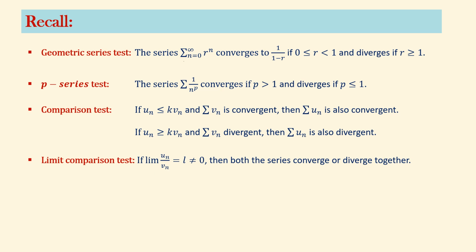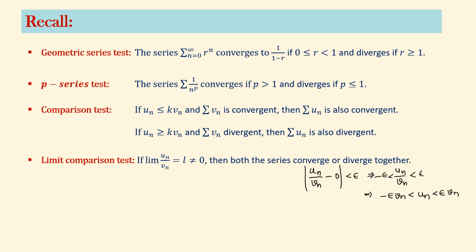So what happens if L is equal to 0? That means if the limit of un by vn is equal to 0, then we write like this: modulus of un by vn minus 0 is less than epsilon. If I expand, un by vn lies between minus epsilon and plus epsilon, so minus epsilon vn is less than un is less than epsilon times vn.